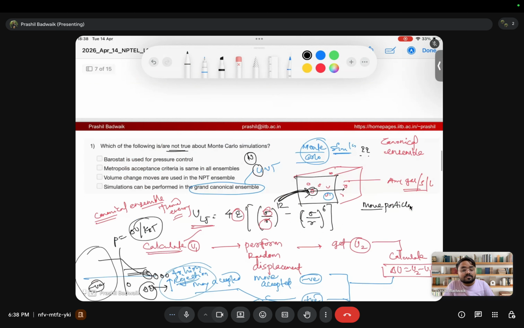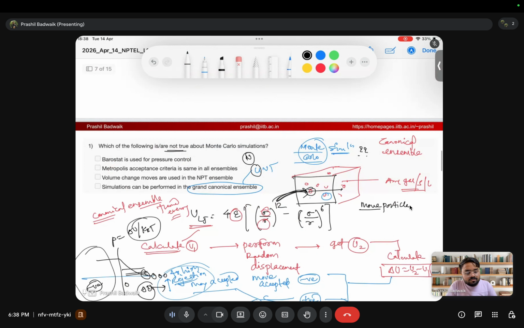At equilibrium, the U value will be constant and the net change equals 0. Volume is constant, which means pressure can fluctuate. Temperature is constant, which means energy can fluctuate. A barostat can be used for pressure control. Volume change moves can also be performed in the grand canonical ensemble.